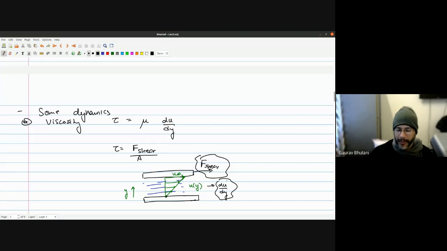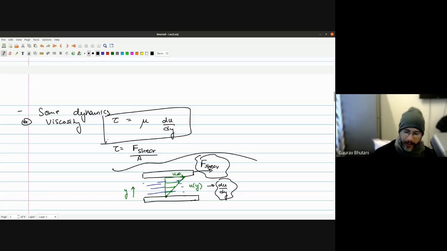In this case, we're talking about a special case where the dependence is not there, but in general, that dependence is there. This is more of a geometrical problem. But in general, if you talk about this equation, then for the same shear stress, you would have a different du by dy depending on the viscosity values.